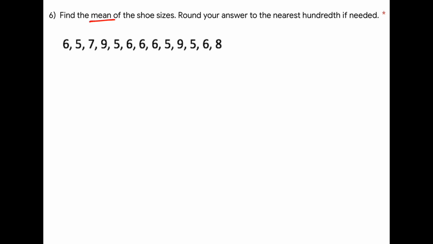Find the mean, finding mean again, which is average, of the shoe sizes. Round your answer to the nearest hundredth if needed. So once again, we add the values.